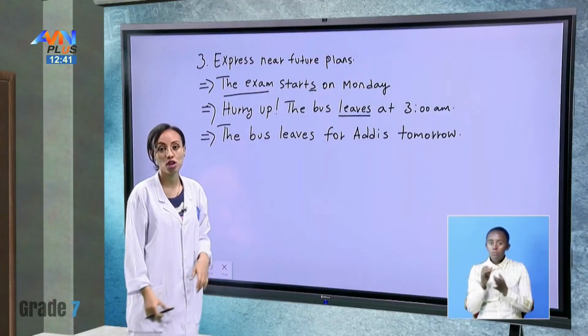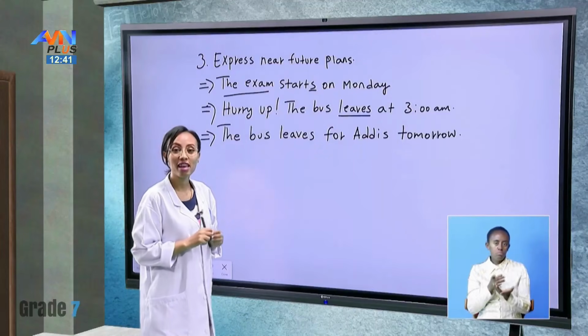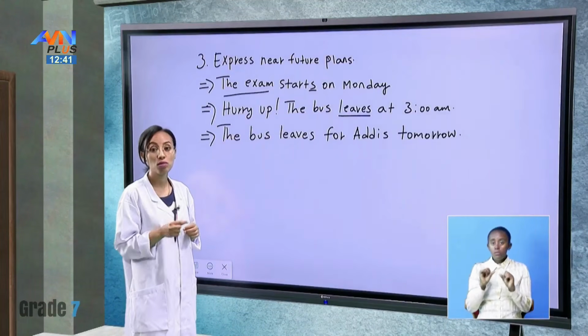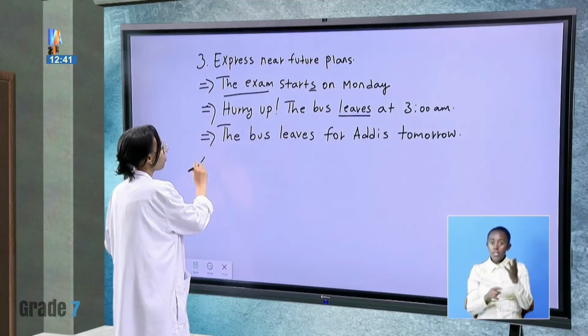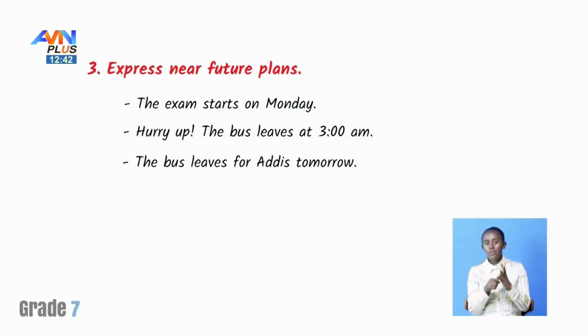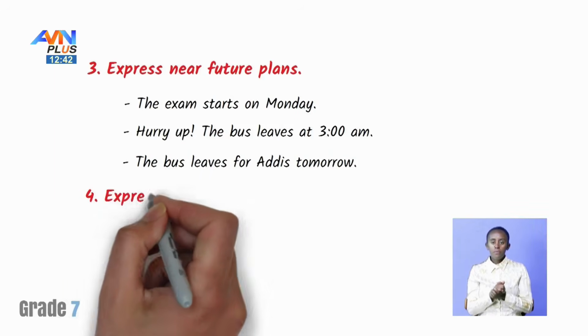Expressing near future plans. It is a plan. So if that is the case, or a predetermined action, then we use the simple present form to talk about it. And the fourth way of using the simple present tense is to express instructions.